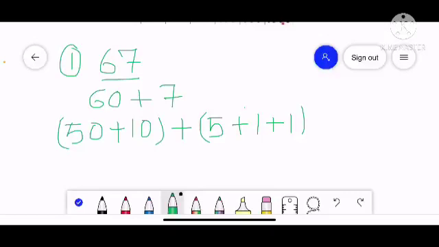The symbol for 50 is L. The symbol for 10 is X. The symbol for 5 is V. And the symbol for 1 and 1 is II. So LXVII is the Roman numeral for 67.